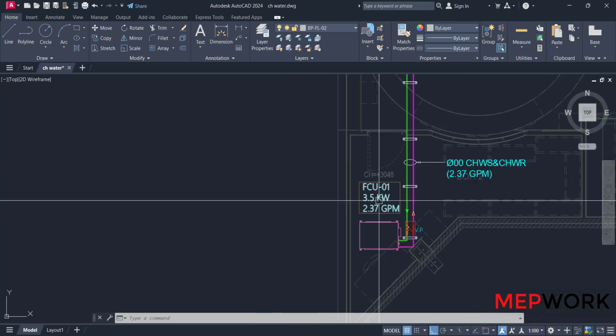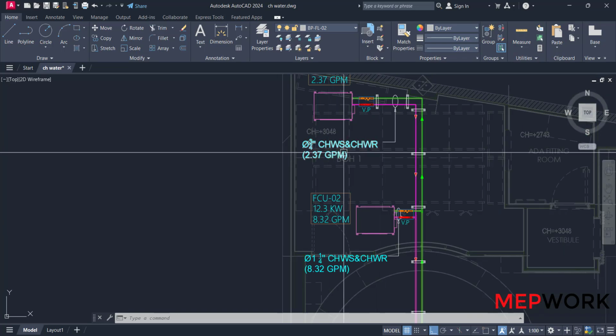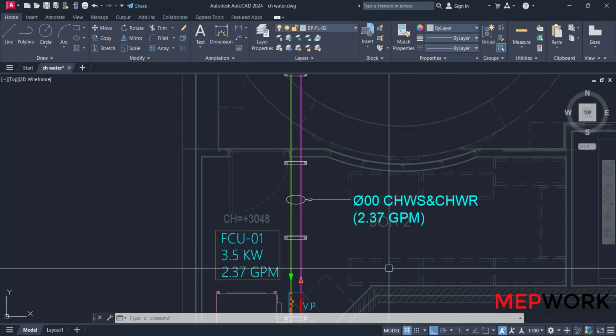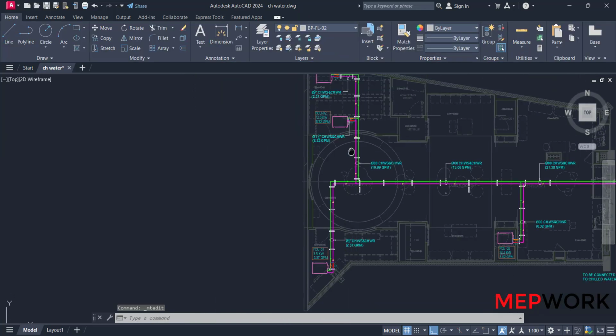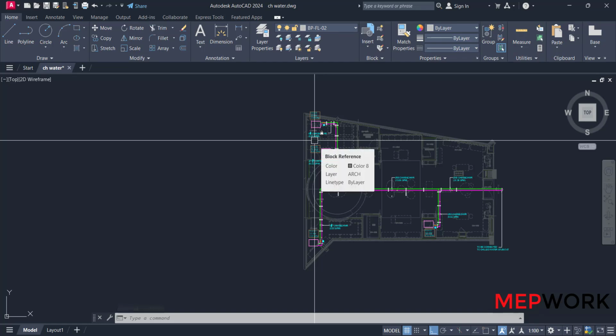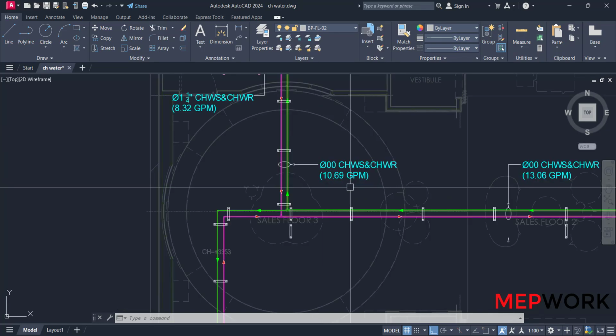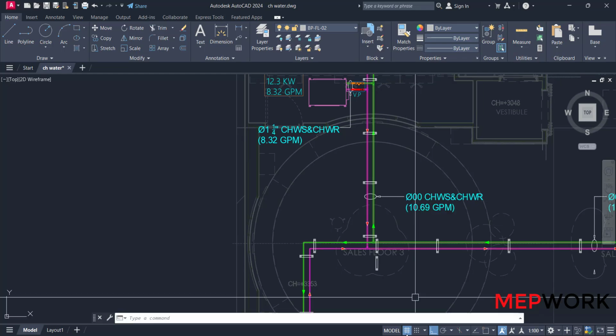Go to this FCU. It's 2.37. It's like this one, so it will be the same size. Let's go to this one. 10.69.